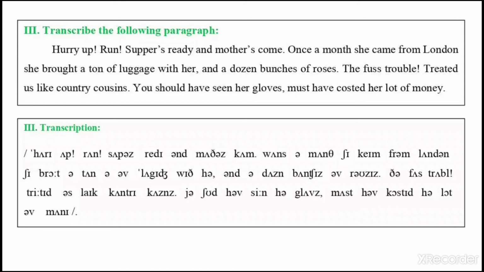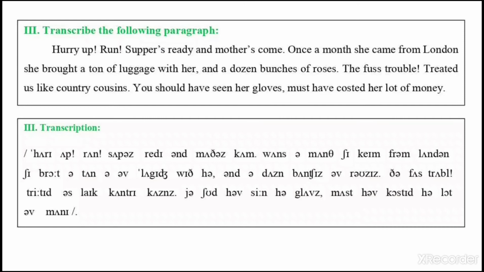Full stop. Once a month. Once. W and the V upside down. Once. So the s at the end. A month. Schwa. Month. So m, V upside down, which is the n and the th at the end. The th.